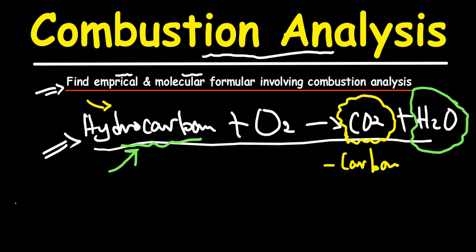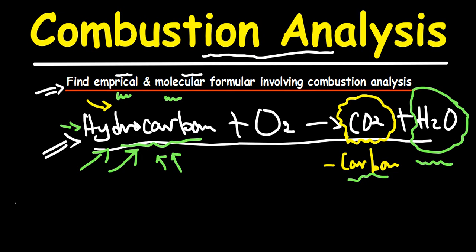So using that method, we can know how much of the carbon and how much of the hydrogen was in this hydrocarbon. And then if we have those masses, we'll be able to find the empirical formula. And if we know the molar mass of this hydrocarbon, we'll be able to find the molecular formula.